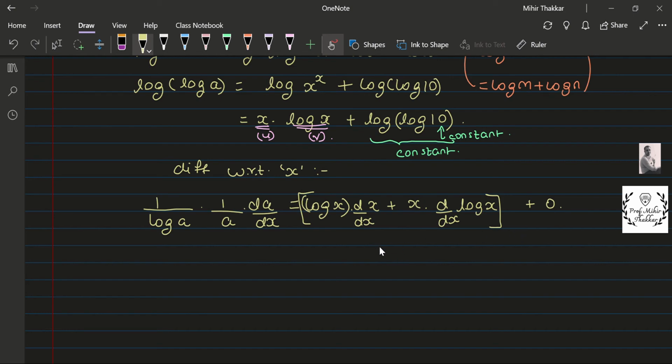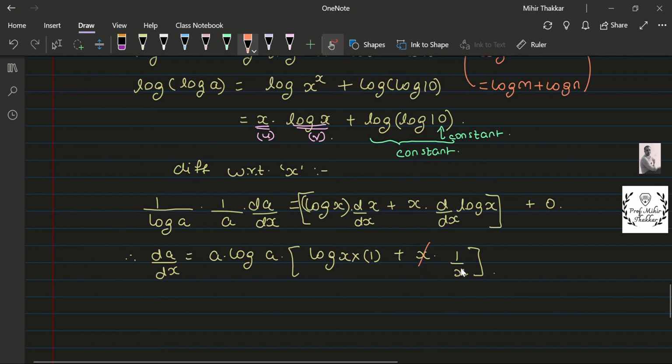So that is your value of 1 by log a into 1 by a into dA by dx. Cross multiply this on the opposite side, guys, because we want the value of dA upon dx, which is equal to a into log a, and inside the bracket log x into 1 plus x into 1 by x. Cancel off the values of x and substitute the value of a and log a.